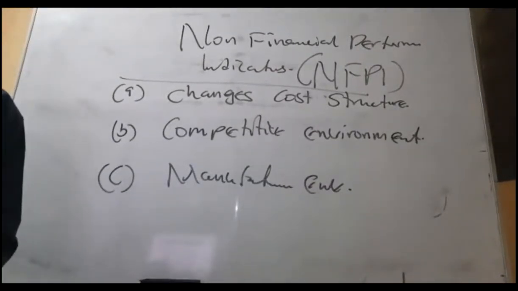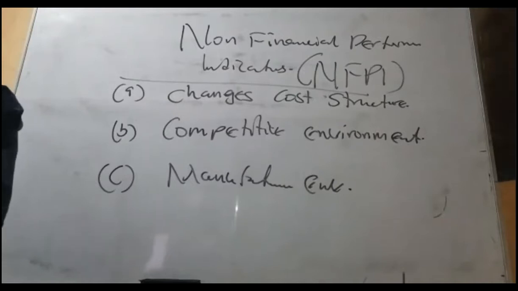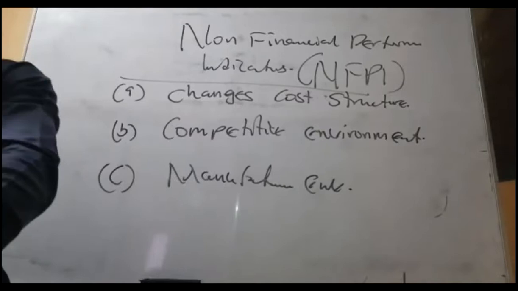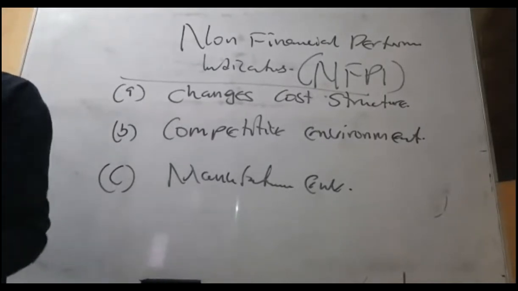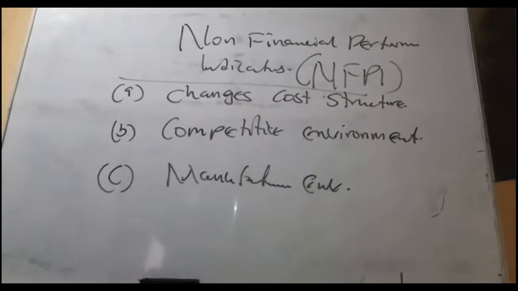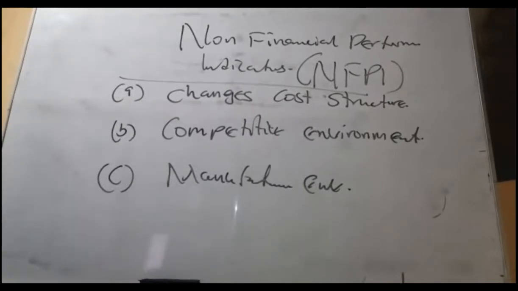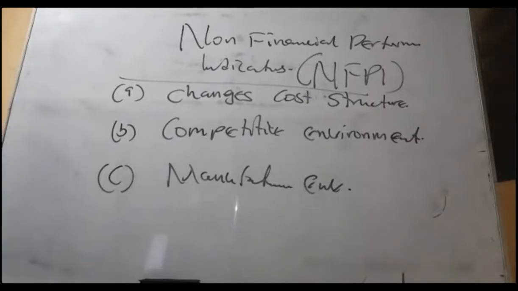Please, let me explain this. The financial performance, or the financial section of every organization, depends on the non-financial aspect. So critically, we have to make sure that the non-financial section is always at the heart of the organization. Good.